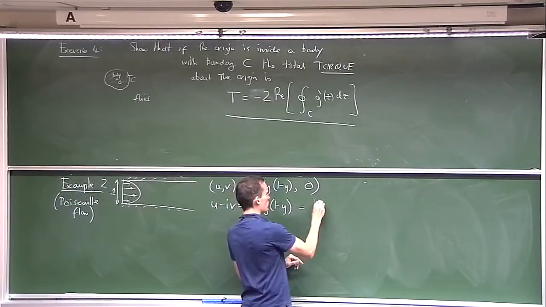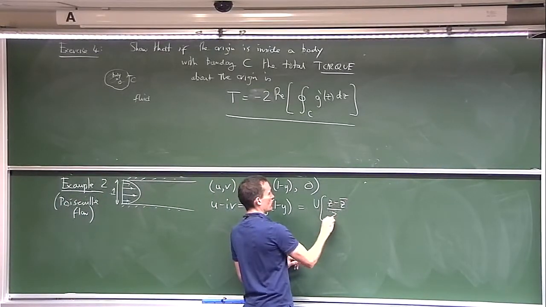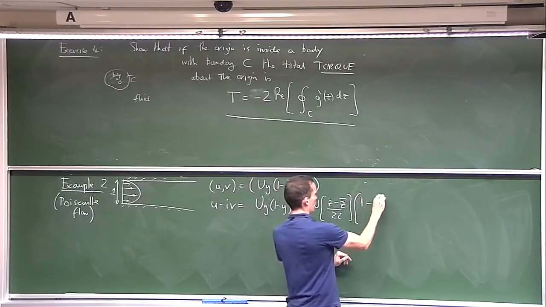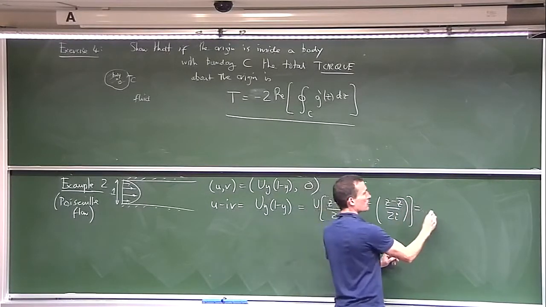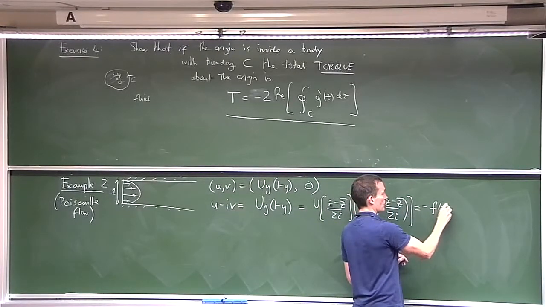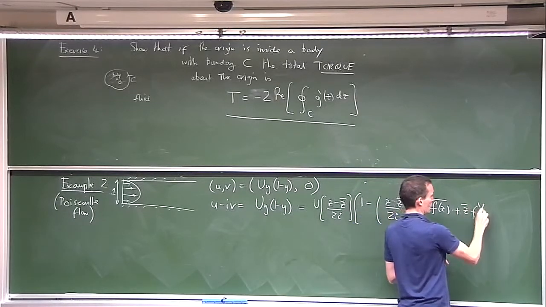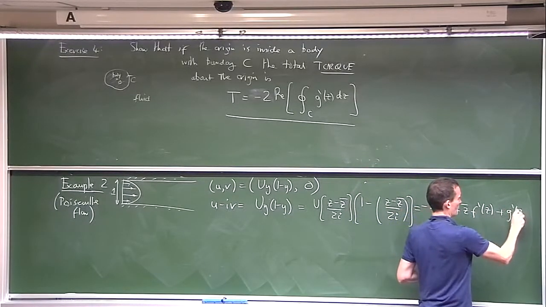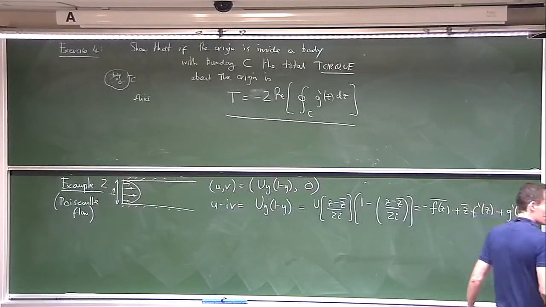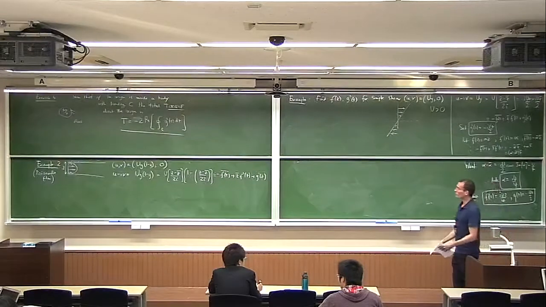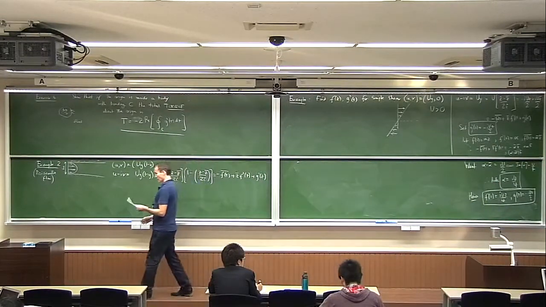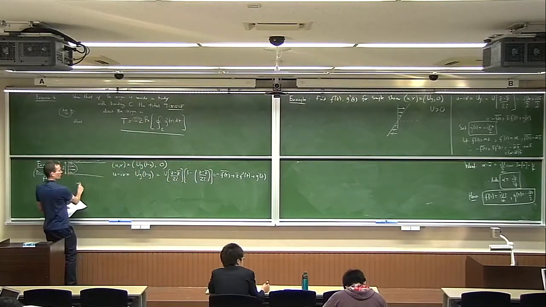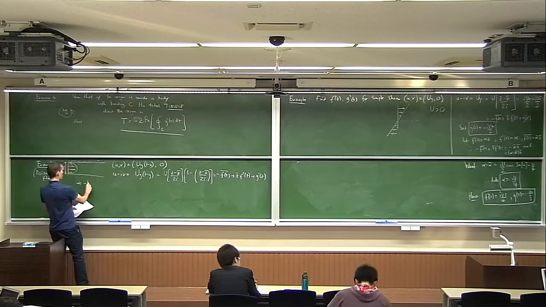So this is U times (z minus z bar) over 2i, and this we've got to equate with the same thing we did over there. You can see it's a little bit more complicated.